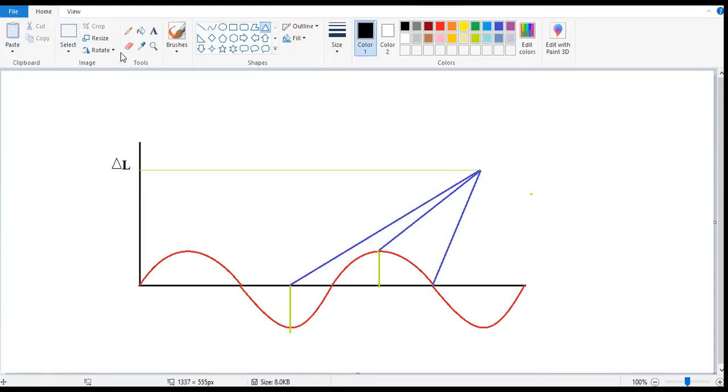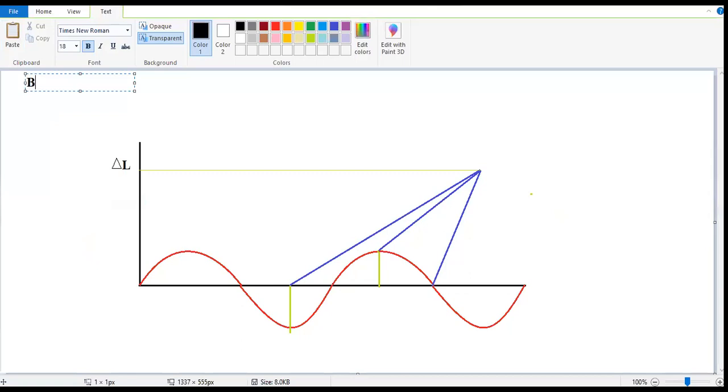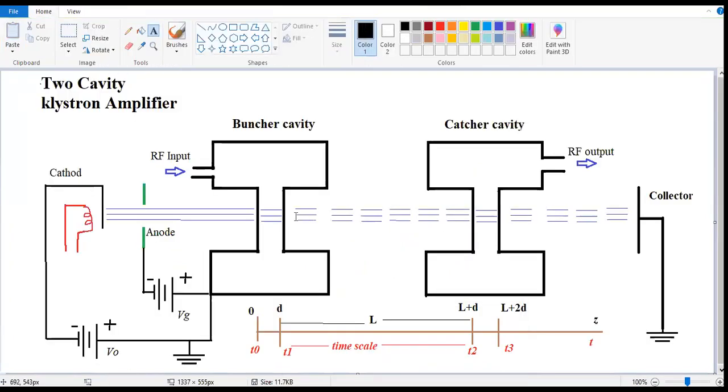The same part of this we will go here. This is the bunching process. Is this screen visible? Visible, sir. Okay. Now in the same diagram, this bunching action takes place with the RF input. So how does this RF input play a part?